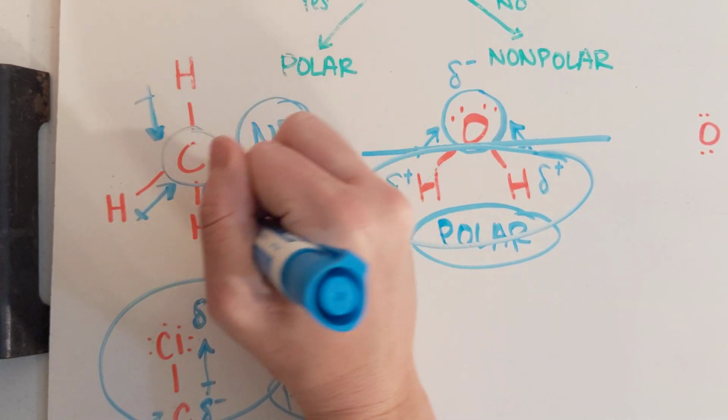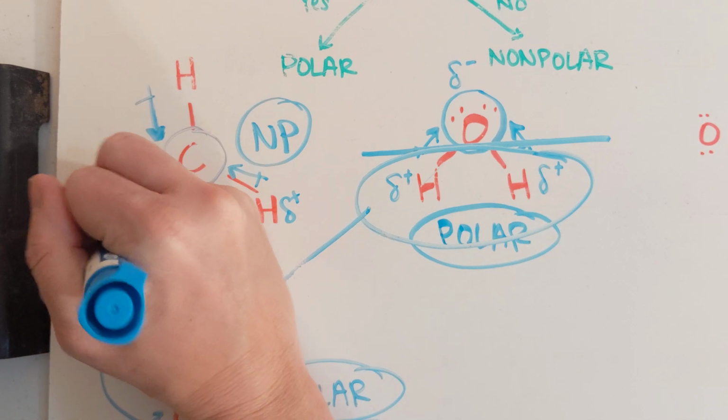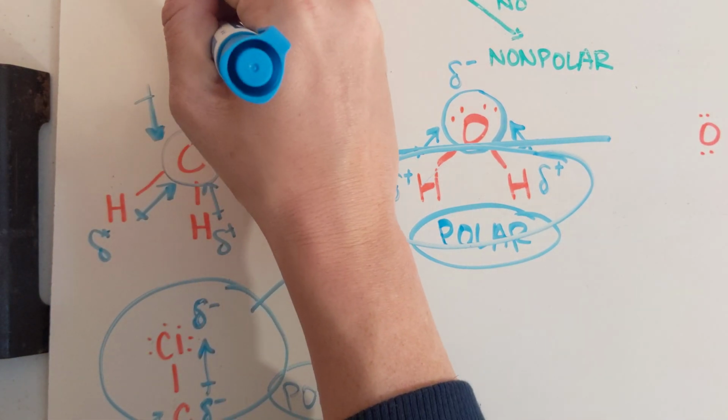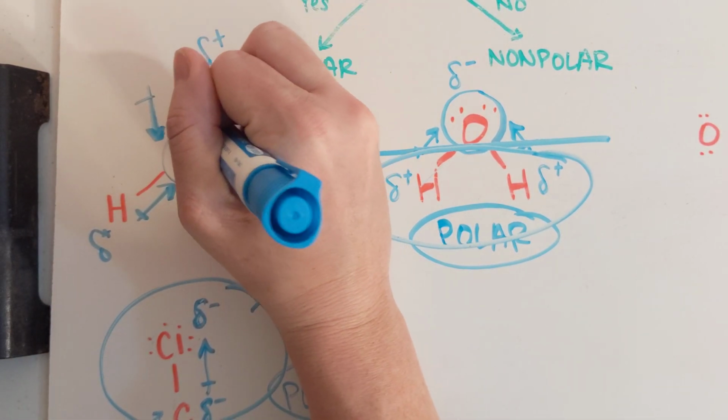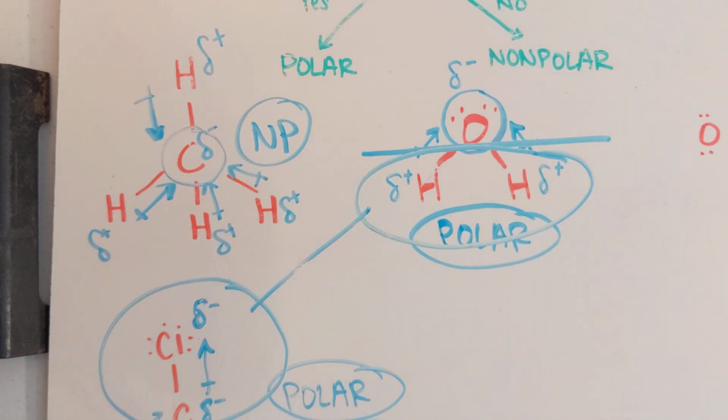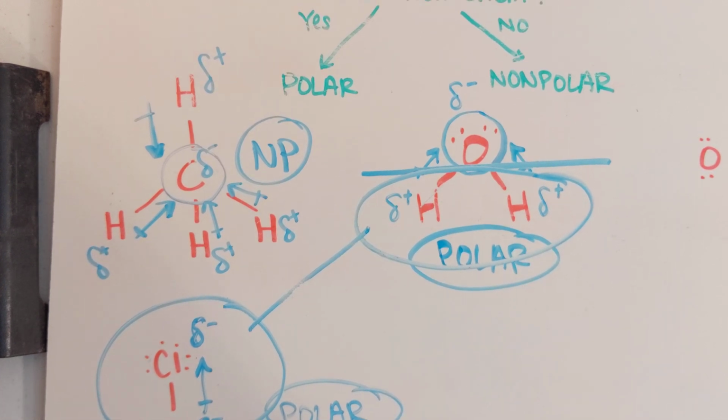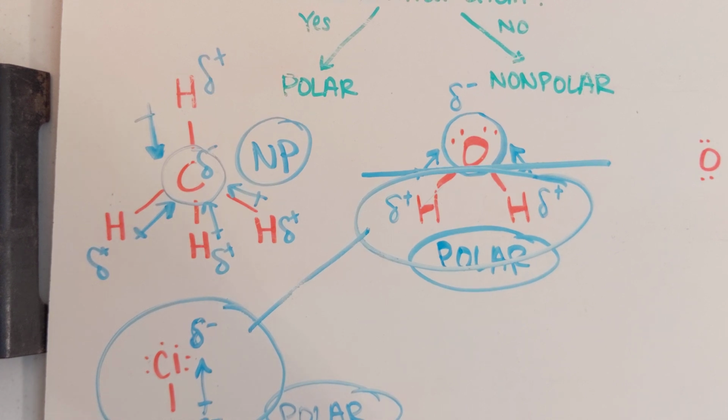Okay, I have all the slight positives on the hydrogen and slight negative in the middle. But can I draw a line anywhere and say, hey, slight negatives on this side, slight positives on this side? You can't. Okay, so since that doesn't exist, there is no line where there's a positive side and a negative side, there's no poles, that makes this nonpolar.